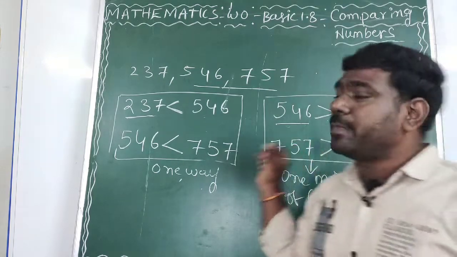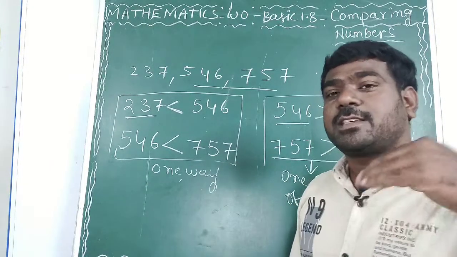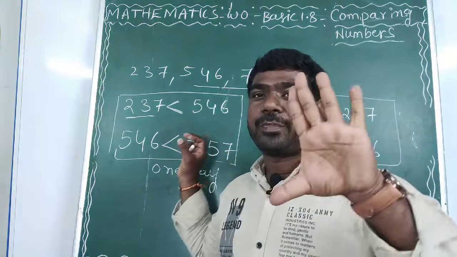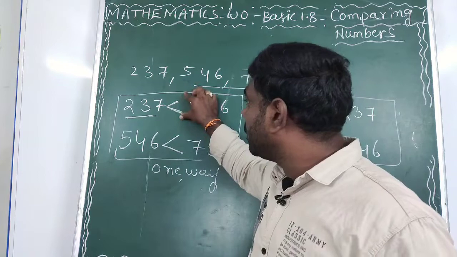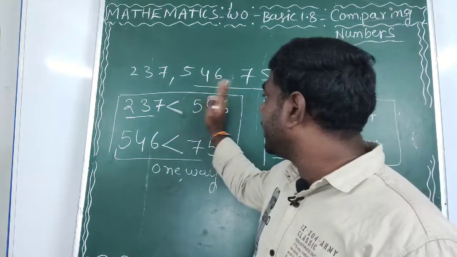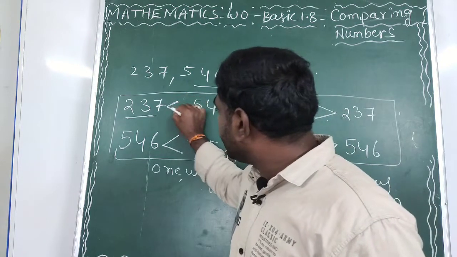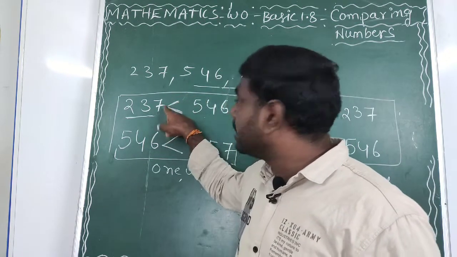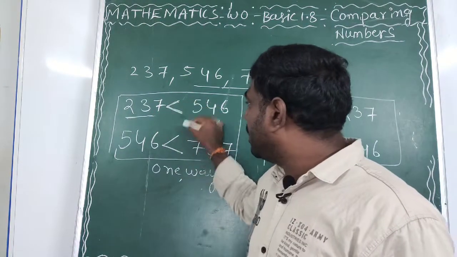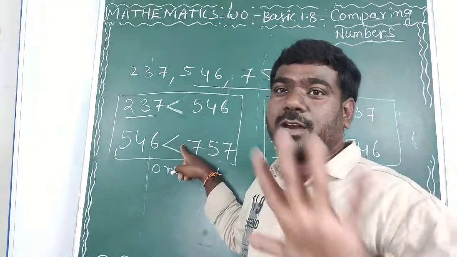Sir, how to remember the symbol, which is greater, which is the smaller? So very simple here. The open symbol is there, like this open symbol. Open symbol represents the greater side. And this arrow symbol indicates the lesser sign. How can we remember the open one? It is a crocodile.